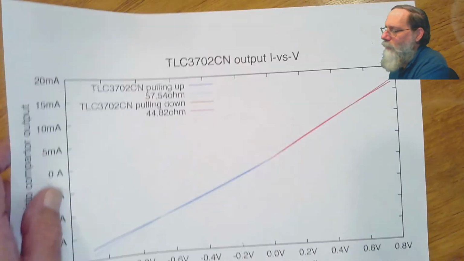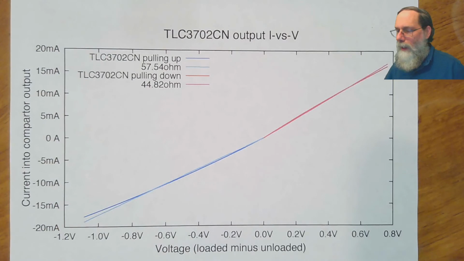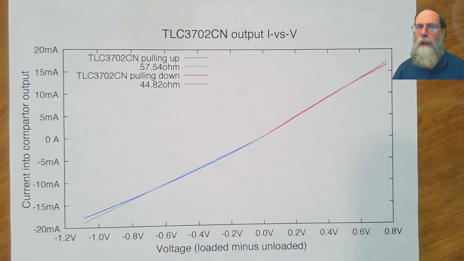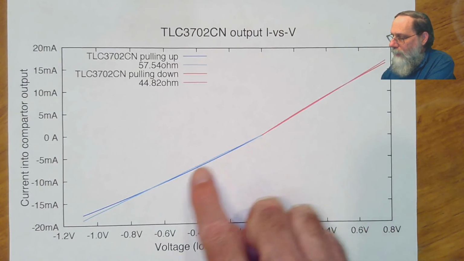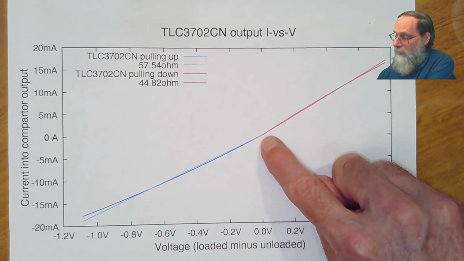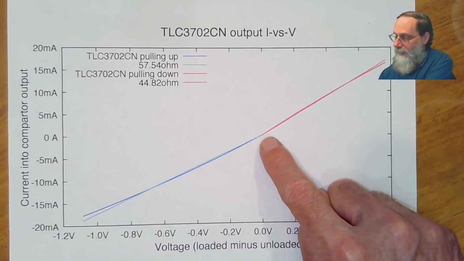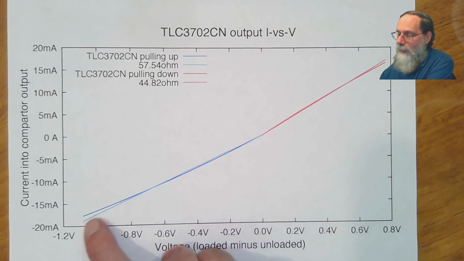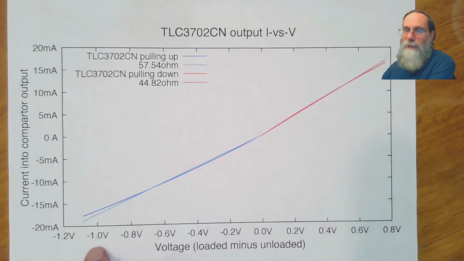I did that at one point for this device, and here's what I got. When I'm trying to pull up the voltage, the loaded minus the unloaded is going to be negative, and there's essentially 0 volts when I have 0 current. But as I increase the current, I increase the voltage.